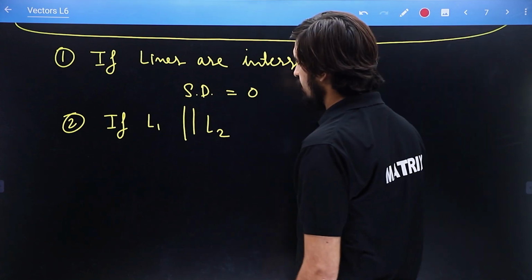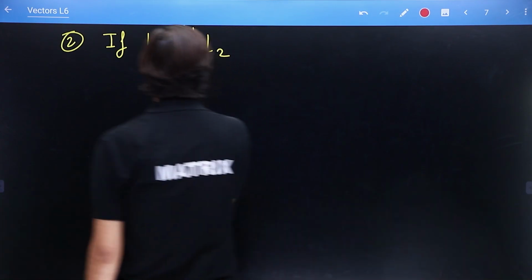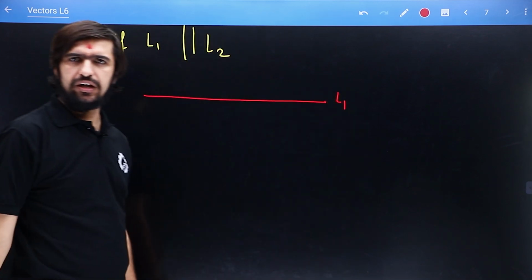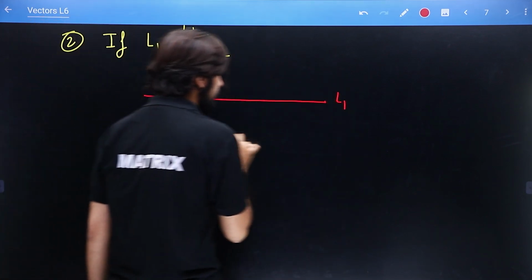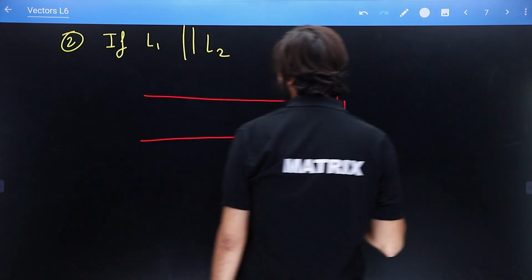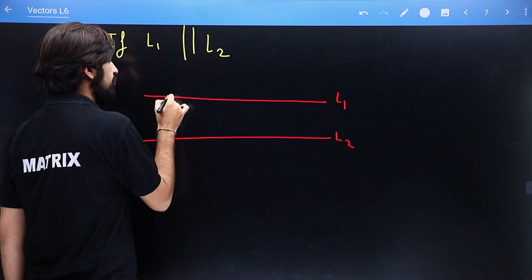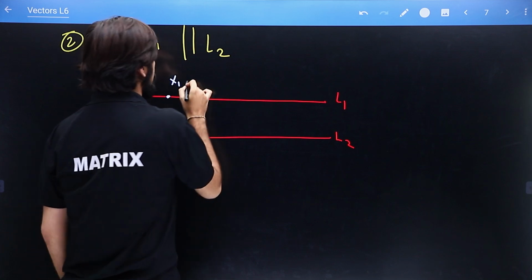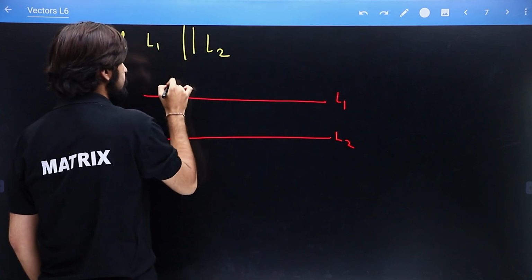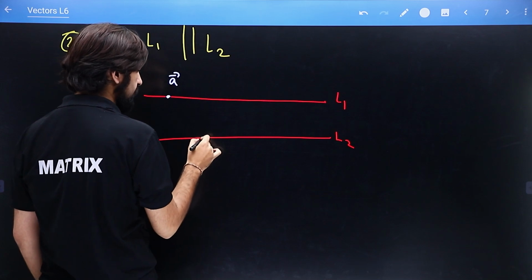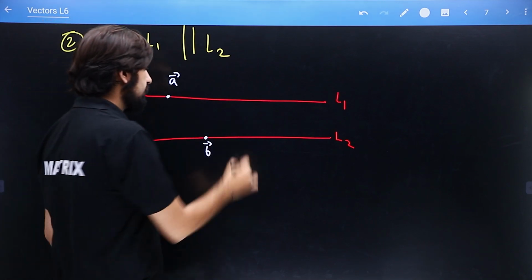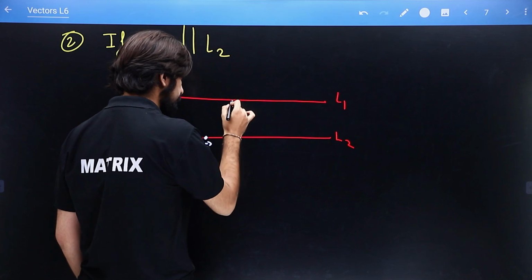So it is not like we have not done this. This is your L1, and I hope this is visible, this is your L2. Both lines are parallel, both passing through some points. Let's say this point is x1, vector A. We will write it in vector form. Let's say this is vector A, and this is passing through vector B. And this is your distance.